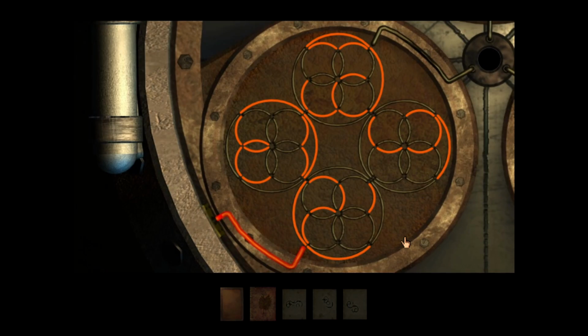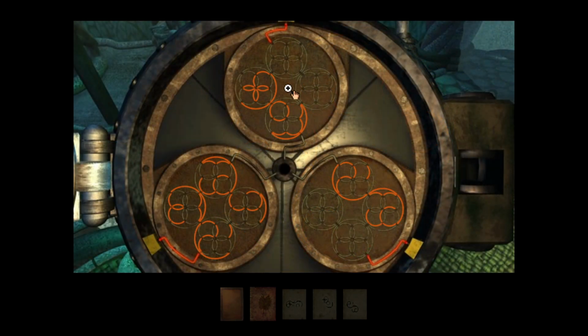Did I orient them incorrectly? Because I've already sort of confirmed that there's a wraparound system.